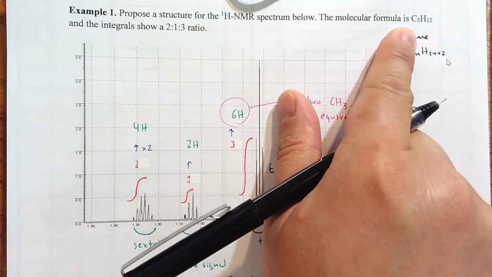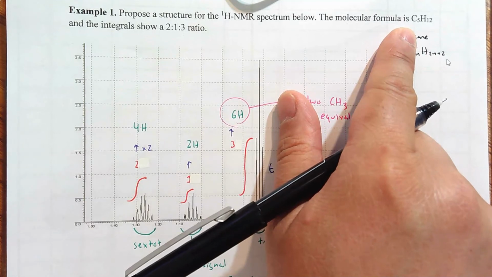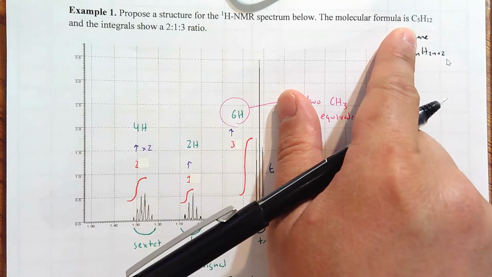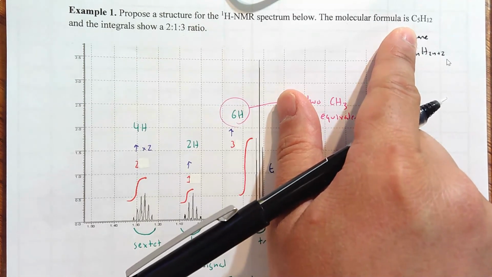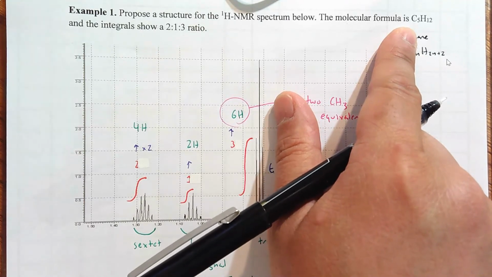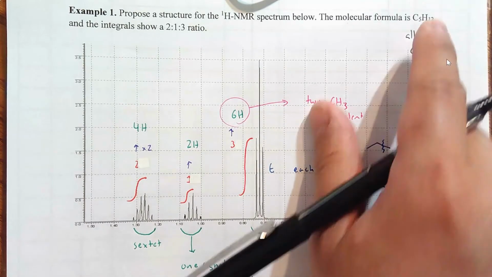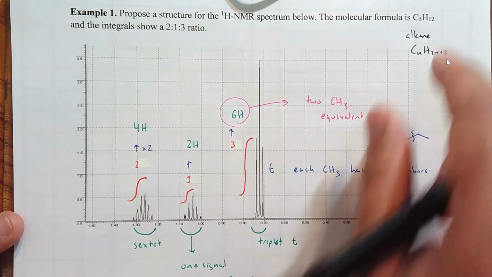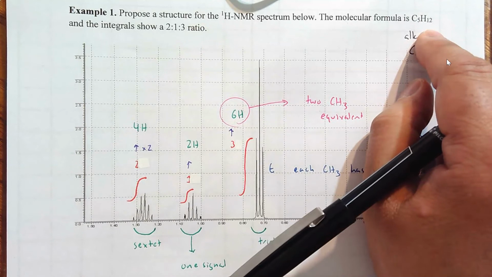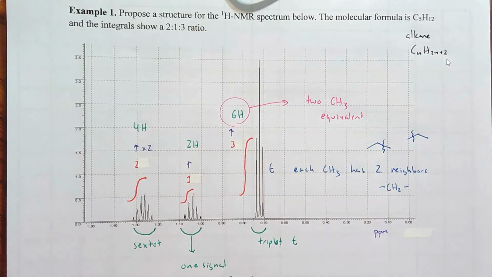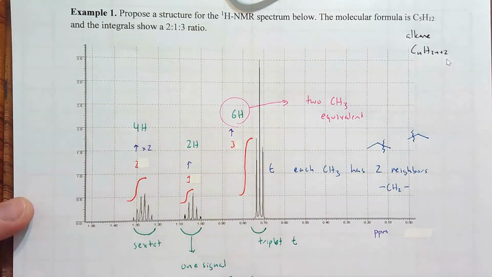Any molecule that has 5 carbons, the most hydrogens theoretically that 5 carbons can have is actually 2n plus 2, 12. What that means is that there are no pi bonds and no rings on this molecule. So I better not start guessing rings and pi's.